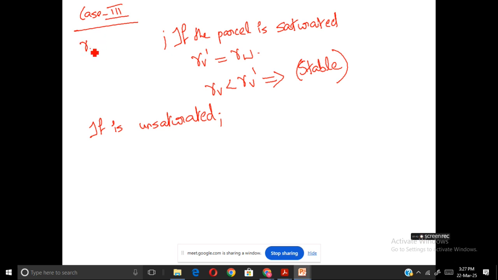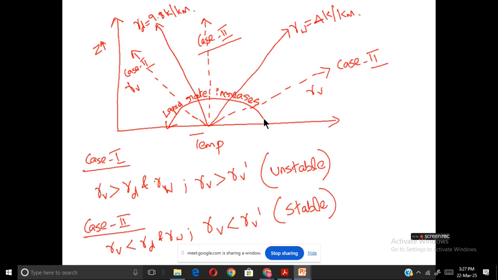We are discussing the third case, when the environmental lapse rate falls in between the dry adiabatic lapse rate and the saturated adiabatic lapse rate.